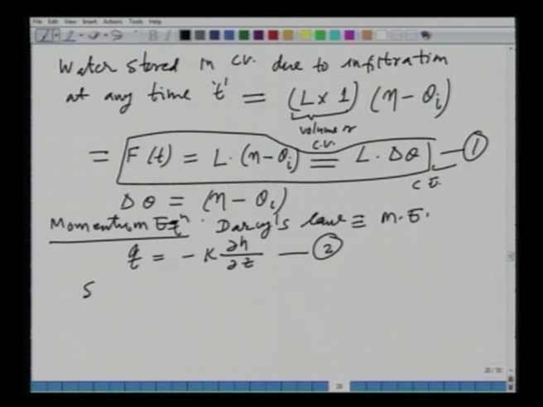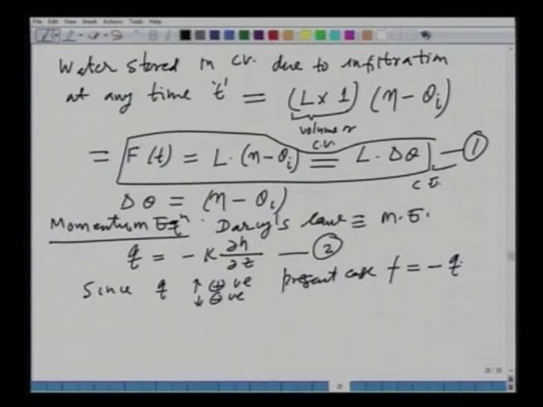Now, since your Q is positive upwards and negative downwards, in the present case the water is going down, so the rate of infiltration will be equal to minus Q, the Darcy's flux.